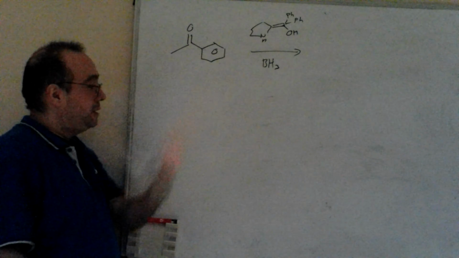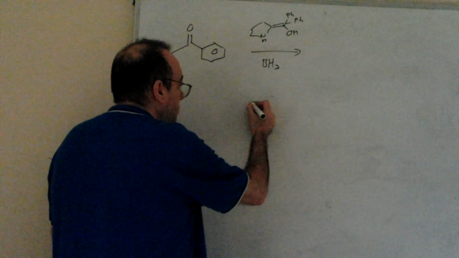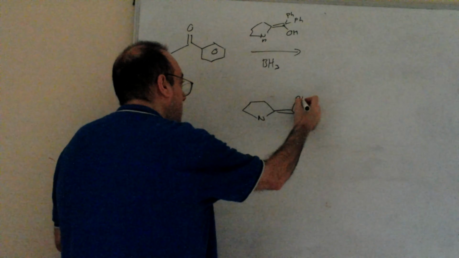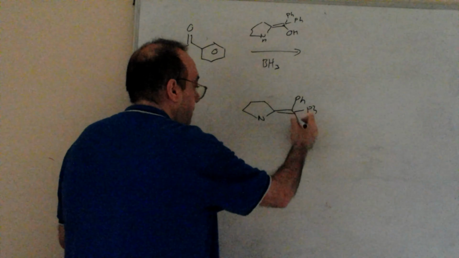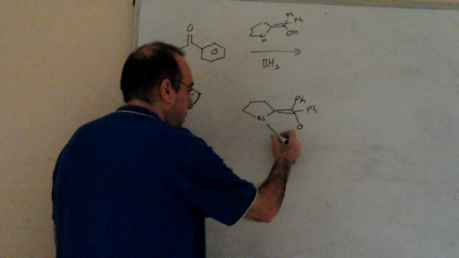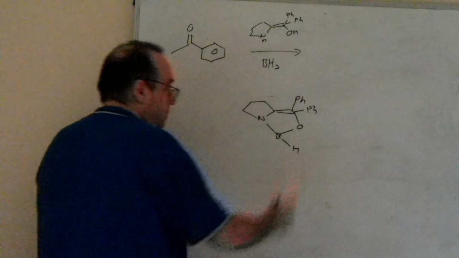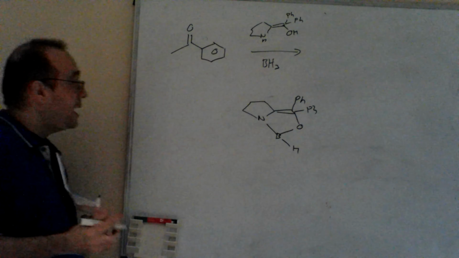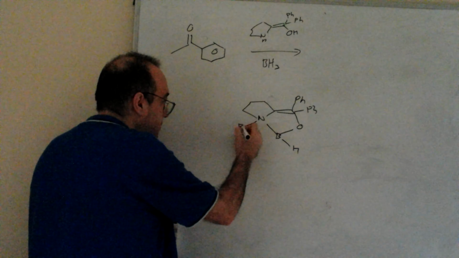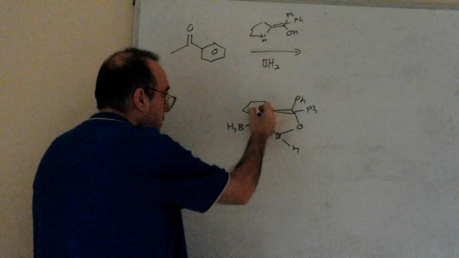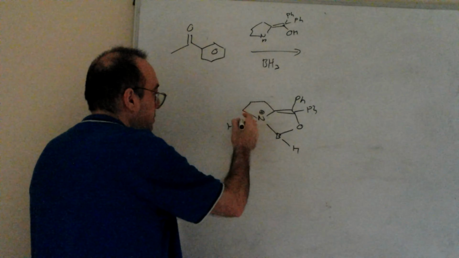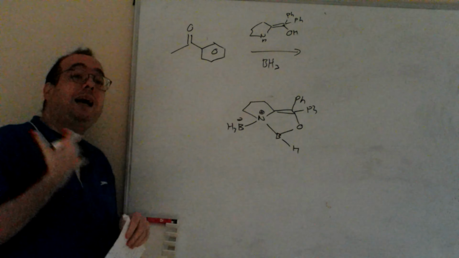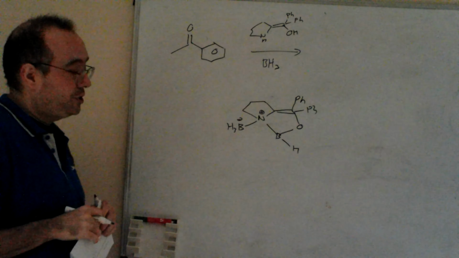Remember that the borane coordinates with the amino alcohol, and what we form is this. And then a second molecule of the borane is coordinating the nitrogen, forming this, that is the active catalyst for the reduction.